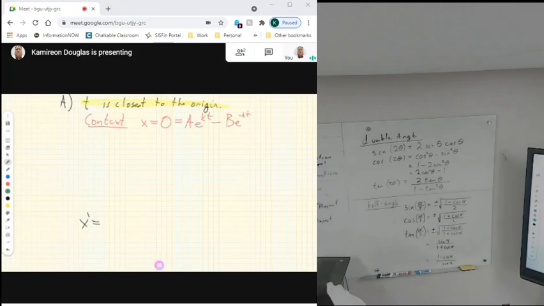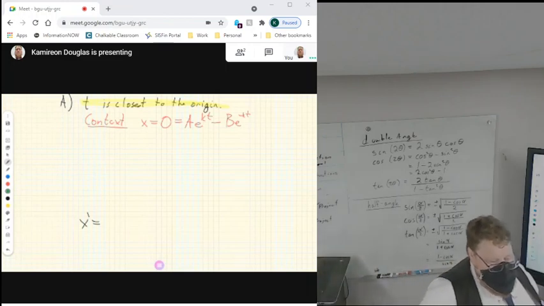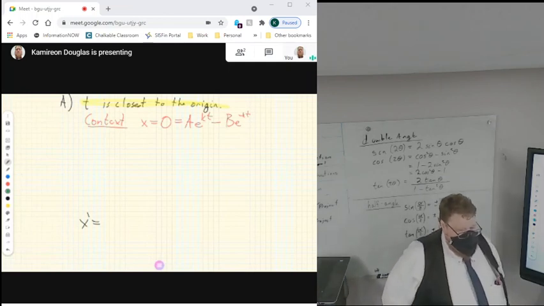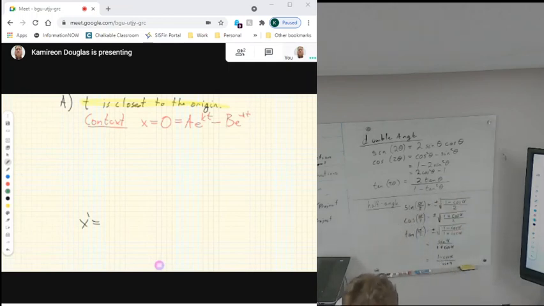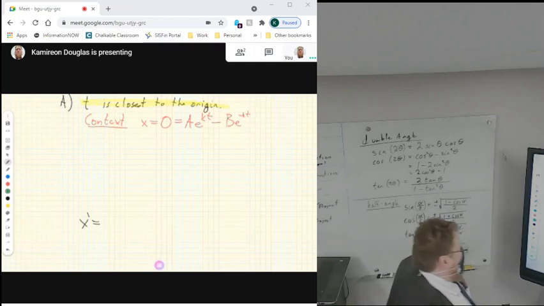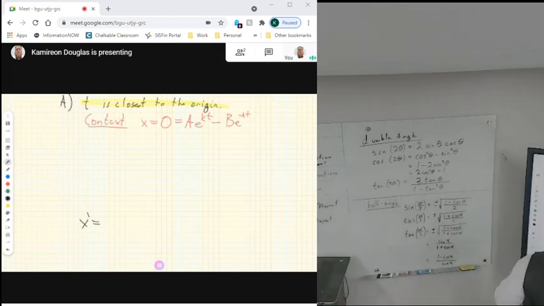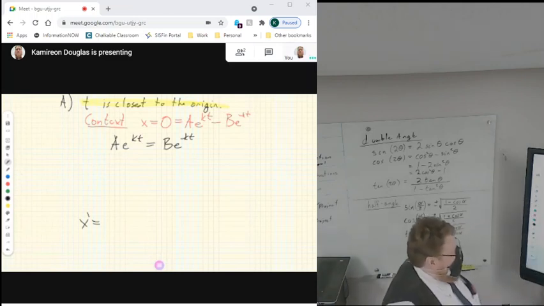When will A e to the kt minus B e to the negative kt equal 0? And if you don't know, tell me where you're at. Okay, good. That is the first base, right? Okay, you three all work on that derivative.